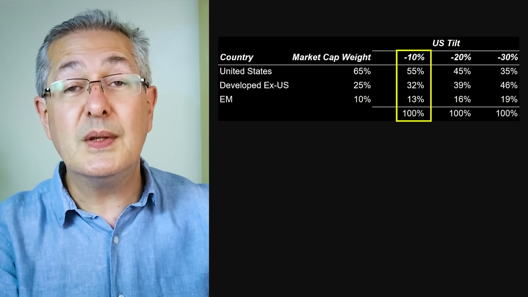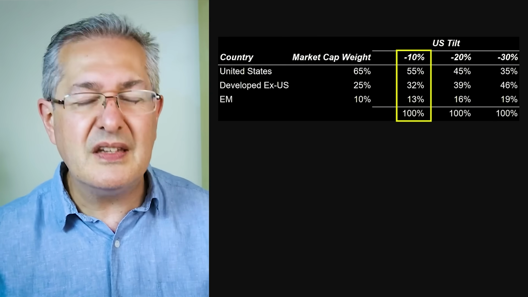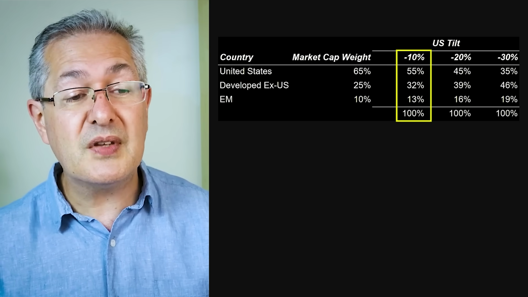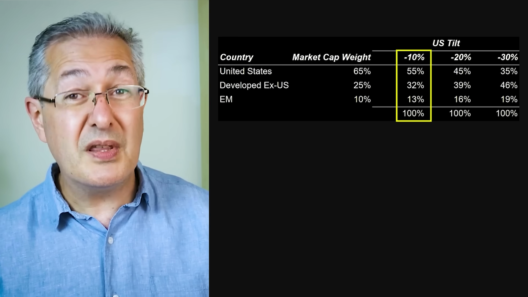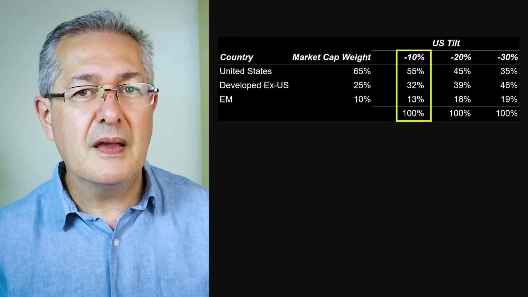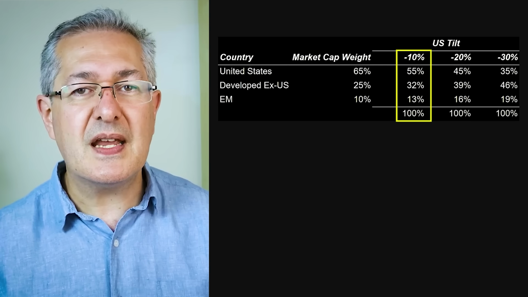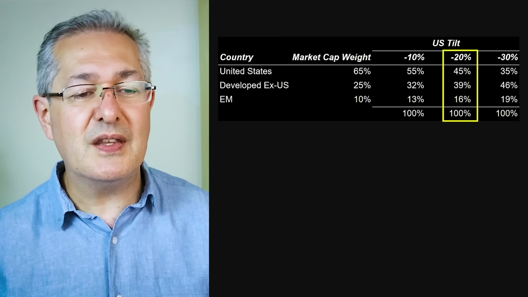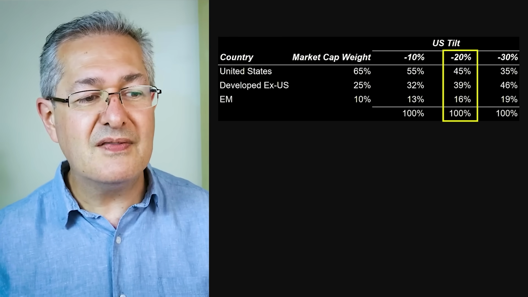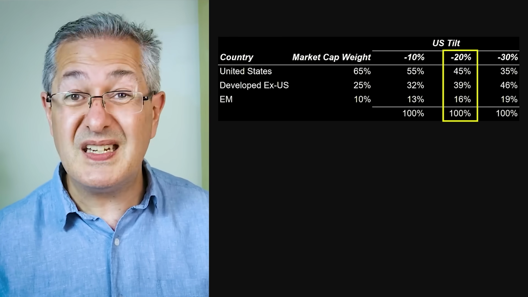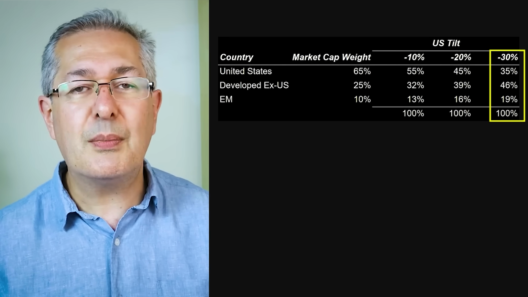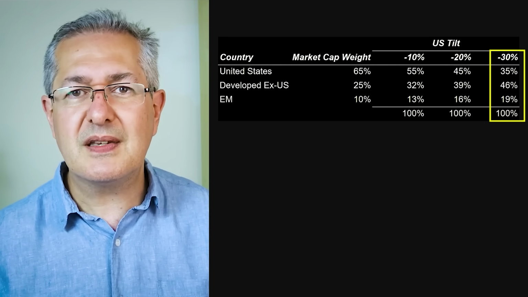I've done that for you in this table, but it's pretty easy to do in an Excel spreadsheet. So the US would be 55%, developed ex-US would be 32%, about a third, and then EM would be 13%. If you tilt further, so 20% underweight for the United States, then developed ex-US becomes 39%, EM becomes 16%, and then I've also shown what would happen for a 30% tilt, which would be sizable.